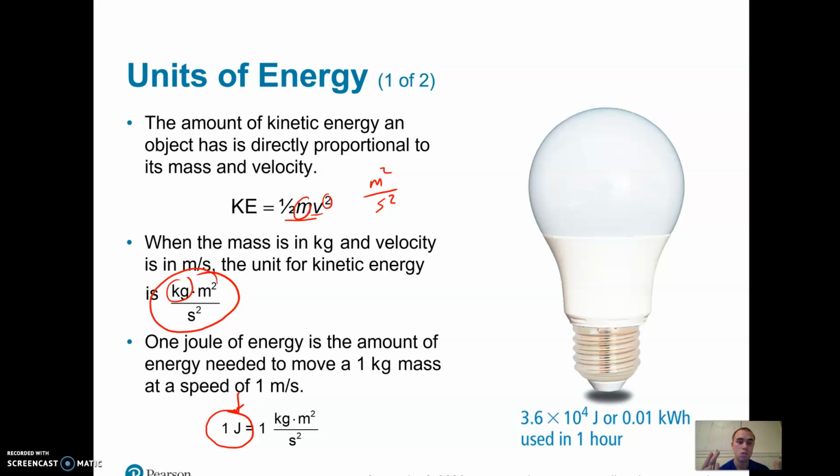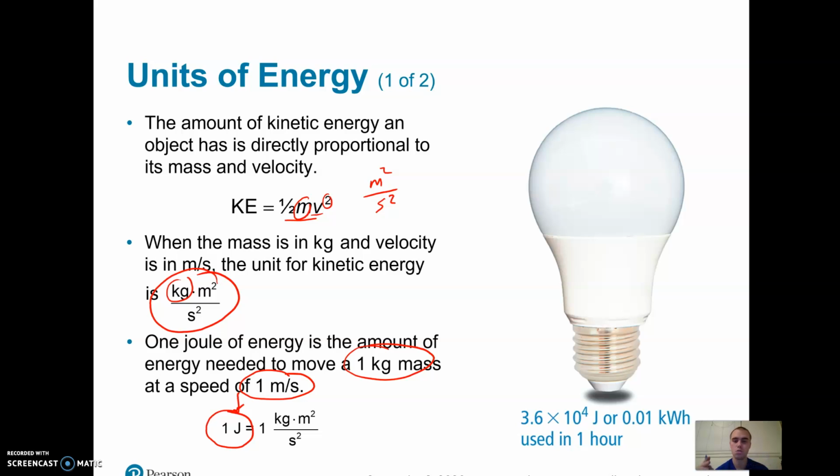And so a joule is the unit that is used for energy, and it's equivalent to the amount of energy to move 1 kilogram at a speed of 1 meter per second. Okay, so that's what that is equivalent to.